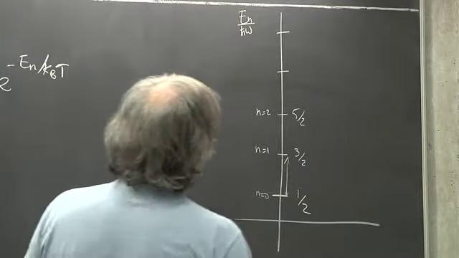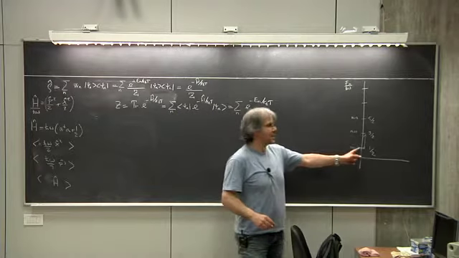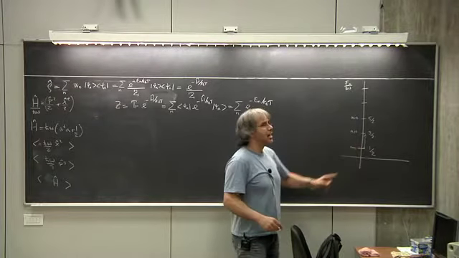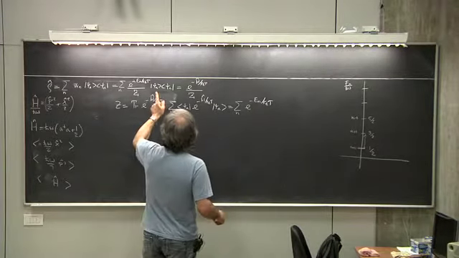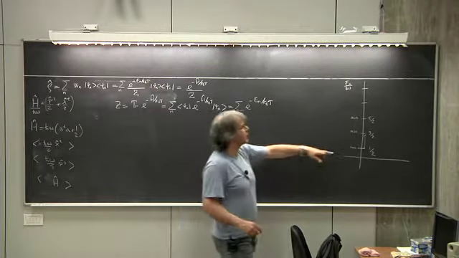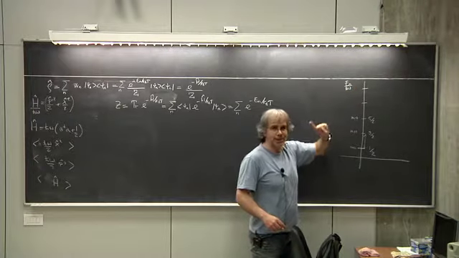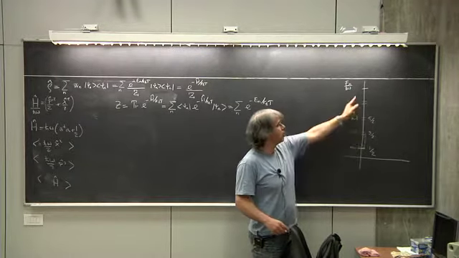Okay. Now, I'm not calculating an average for a given state. I want to calculate the average assuming that the harmonic oscillator can be in any of these states, with a probability proportional to the Boltzmann factor.